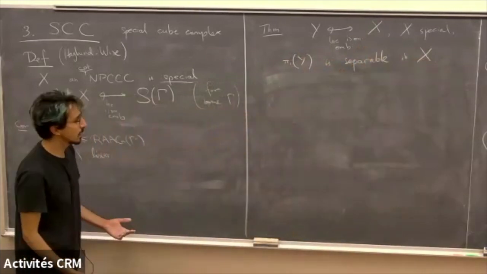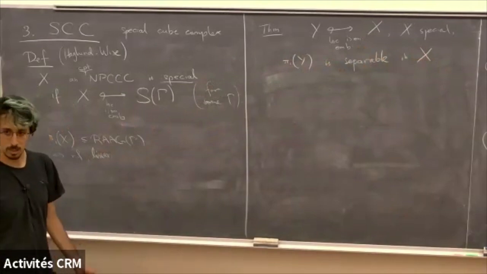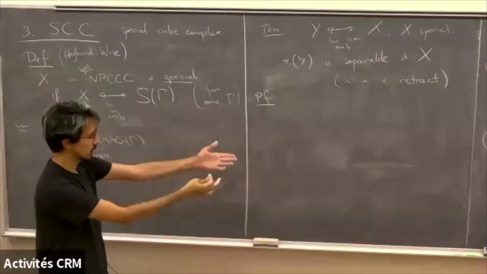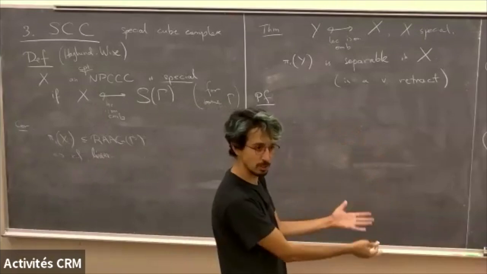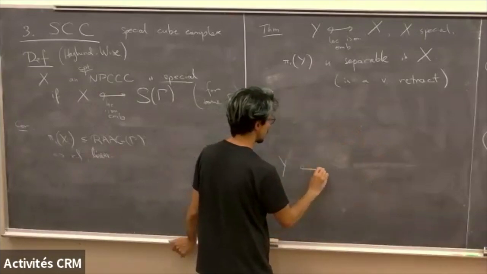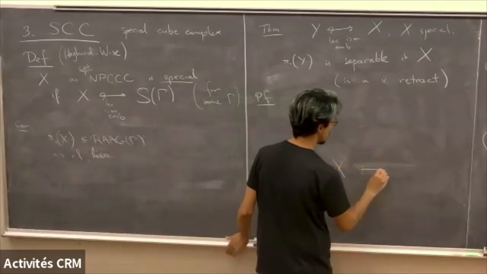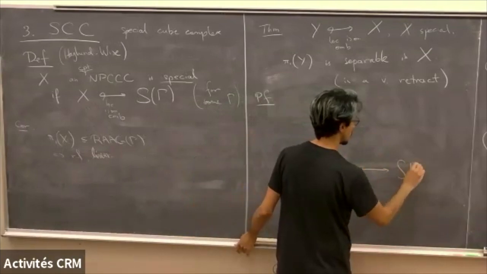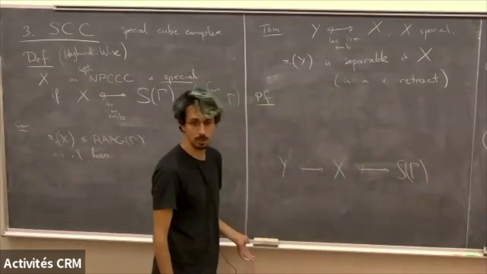In fact, again, it's a virtual retract. So we worked hard to do it for the Salvetti complex. So I have y going into X. X is special, so it has a local isometric embedding into a Salvetti complex.